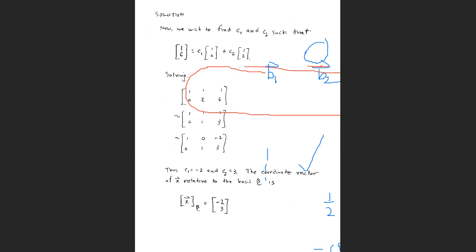All right, and so therefore, the coordinate vector of vector x relative to this basis b, and remember the basis b was equal to basis vectors 1, 0 and 1, 2.